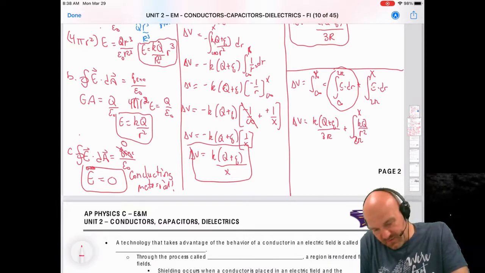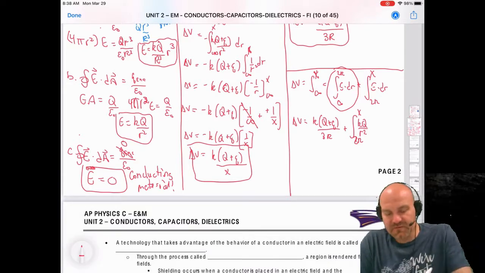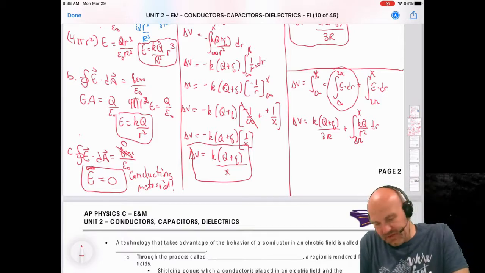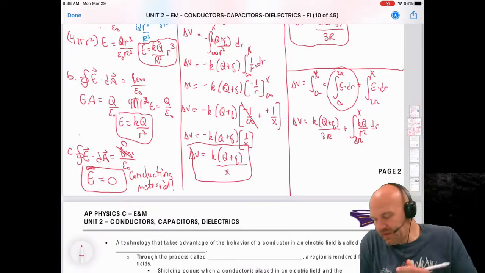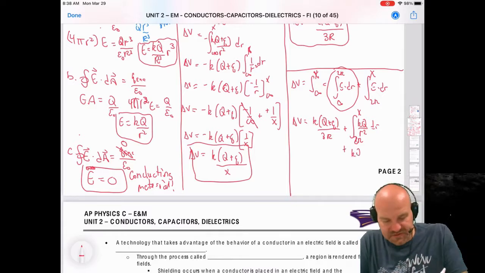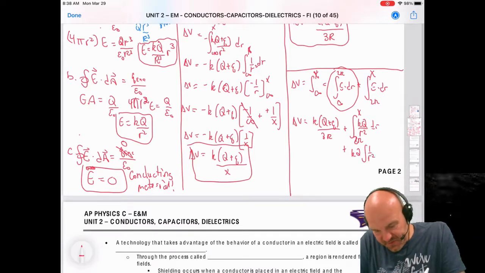And so the charge enclosed will be the insulating sphere, or the insulator, okay? And that's going to go again from x to r. And so we'll just say this will be kq times the integral of 1 over r squared dr. And it's going to go from 2r to x, and it's going to be kq times 1 over r, evaluated from 2r to x.